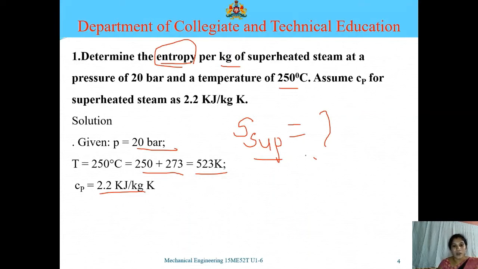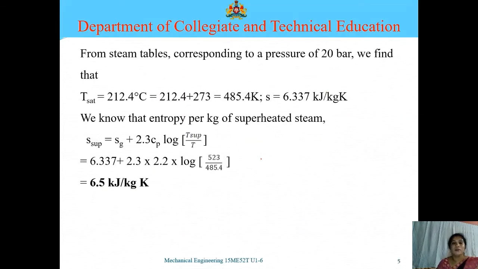So from the steam table, for the corresponding pressure, 20 bar. I hope you people have borrowed or taken the steam table.